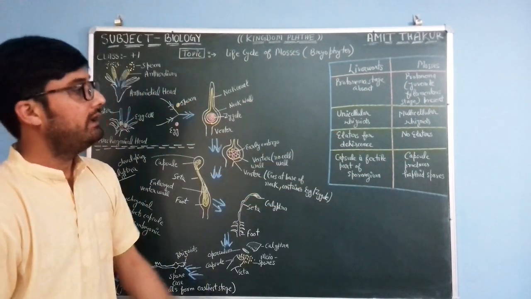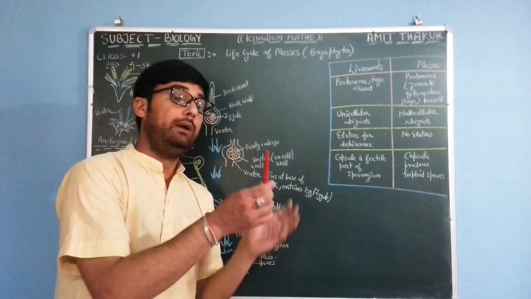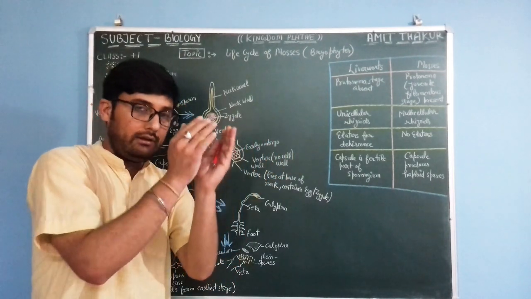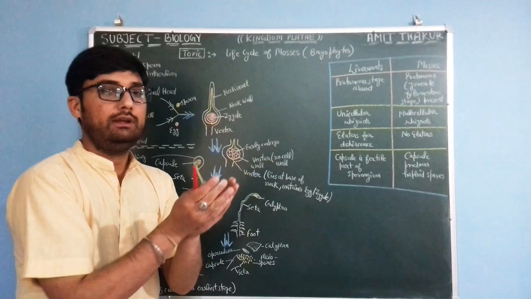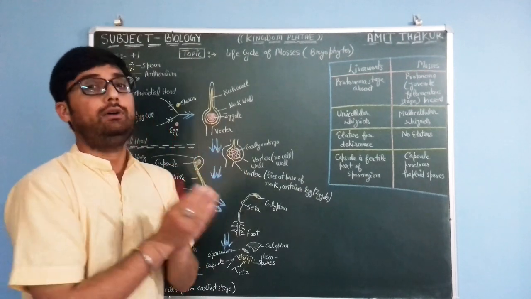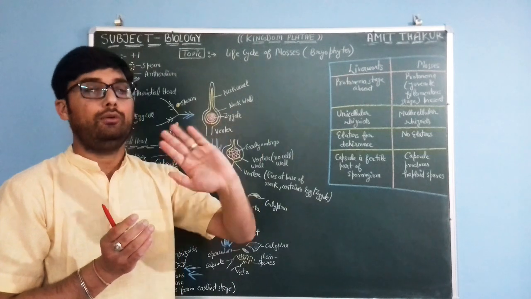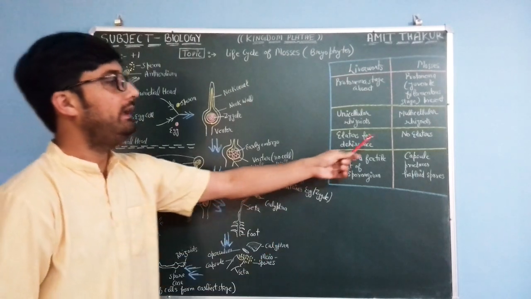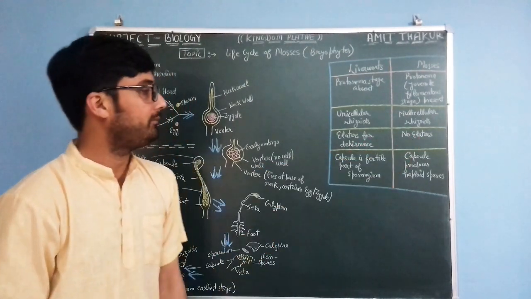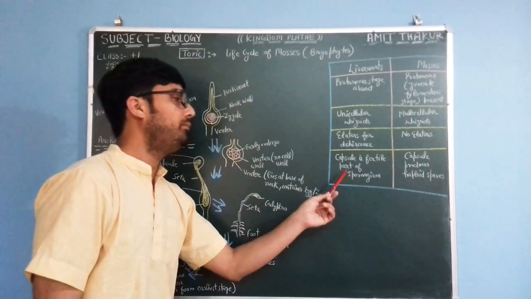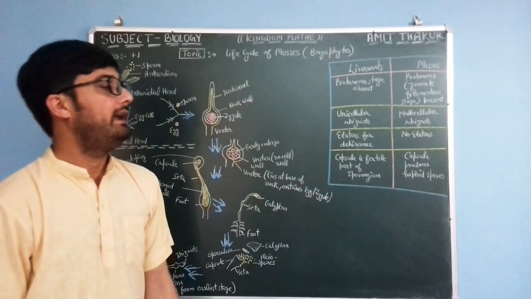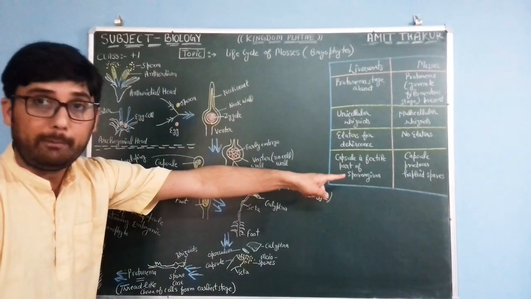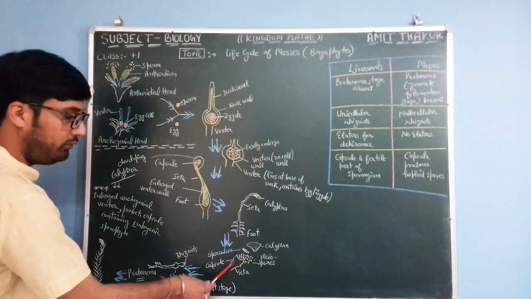Elaters, as you have seen, in case of liverworts were present inside that capsule, and the function of elaters is in dehiscence of spores. So elaters for dehiscence in case of liverworts, but there is nothing like elaters or any kind of structure in case of mosses. And capsule is fertile part of sporangium in case of liverworts, and in case of mosses, this capsule produces haploid spores, as you can see over here.